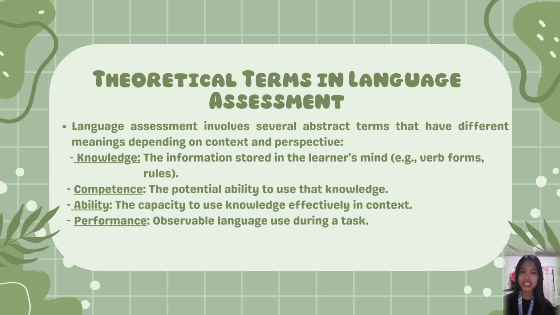Ability: the capacity to use knowledge effectively in context. And performance: observable language use during a task. For example, a student might know past tense rules but still make mistakes when nervous in an oral exam. Defining these terms clearly is essential to understanding how language proficiency is measured in assessment.